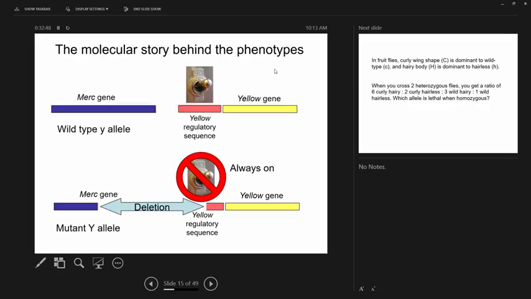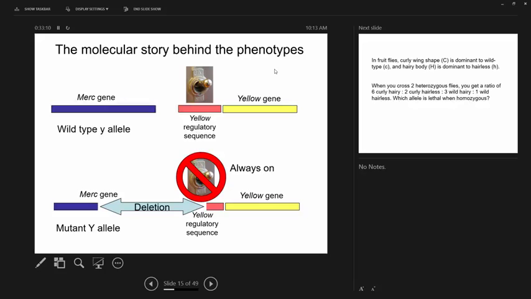Merck is an essential gene. That means that if you have 2 defective copies of this, you die. You don't develop. But wild type is dominant, so all you need is 1 good copy. In the yellow mouse allele, here's what happens.